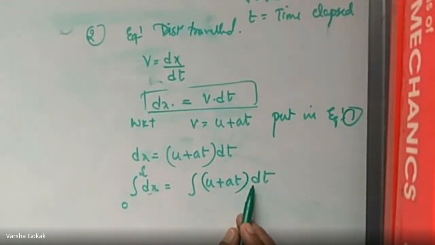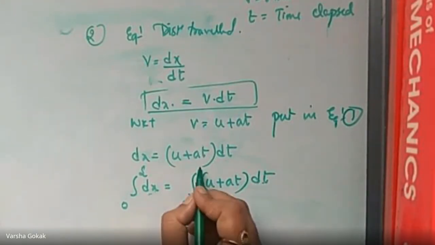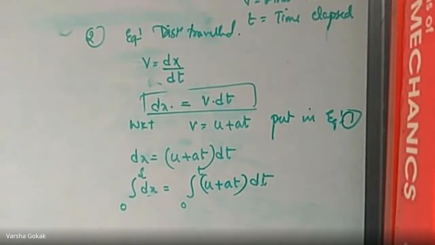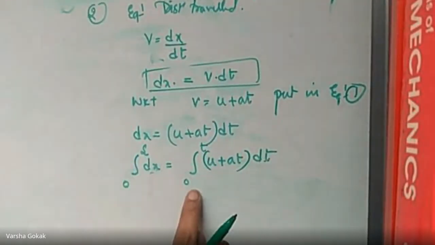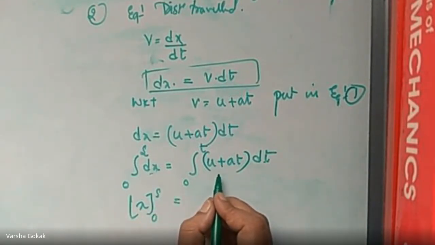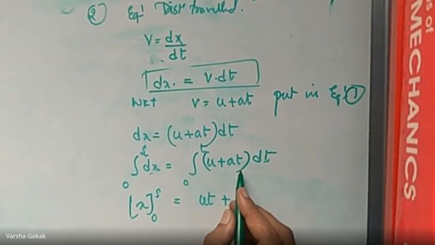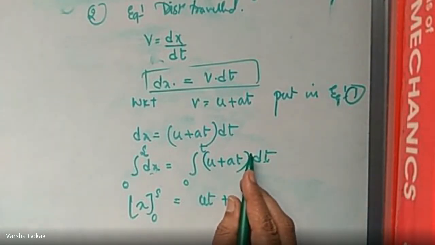And for dt, I want it with respect to time. Time initially is 0, final time would be t. So limits would be 0 to s and 0 to t. When I integrate this, dx becomes x, which is from 0 to s, and the other one becomes ut plus, this becomes t square, no?